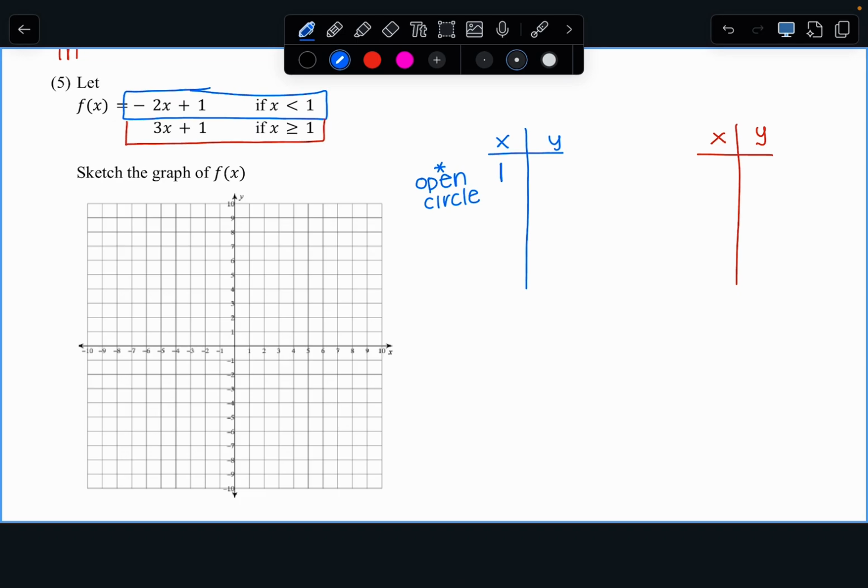So when we plug in 1, negative 2 times 1 is negative 2, plus 1 is negative 1. And this is where we're using negative 2x plus 1. If I plug in 0, we get 1.